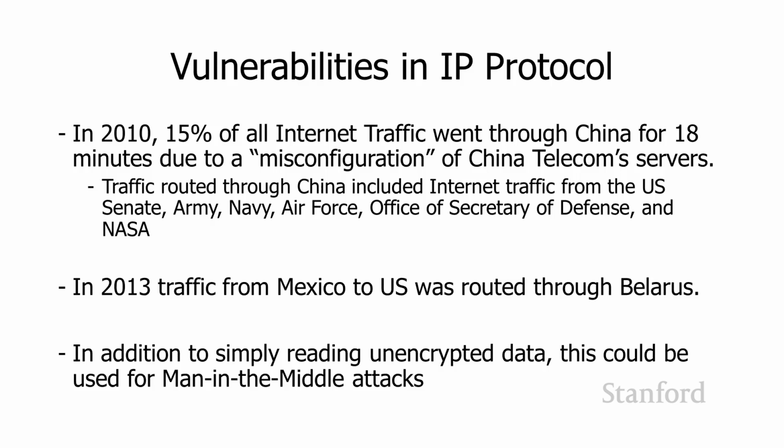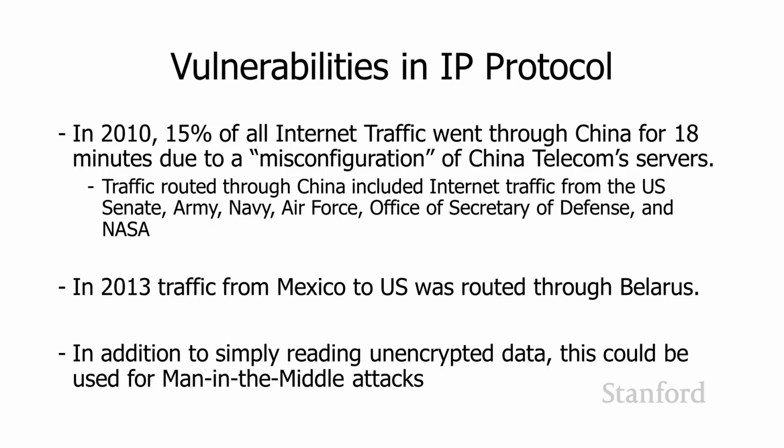So as an example, in 2010, 15% of all internet traffic went through China for 18 minutes due to a, quote, misconfiguration of China Telecom's servers. So traffic routed through China included internet traffic from the US Senate, the Army, the Navy, the Air Force, the Office of the Secretary of Defense, and NASA.